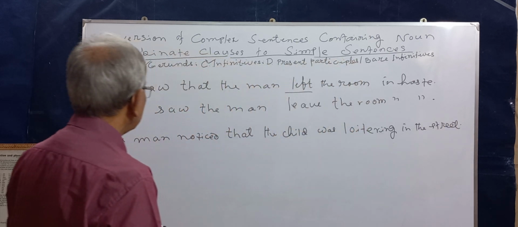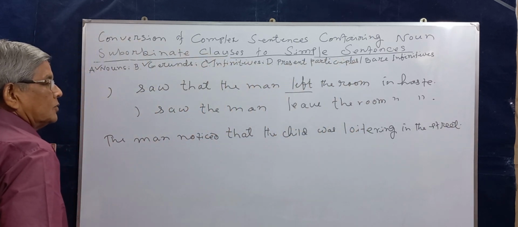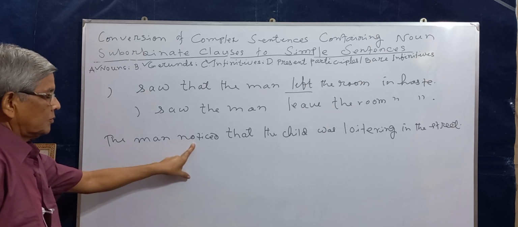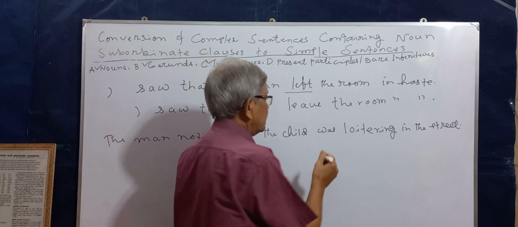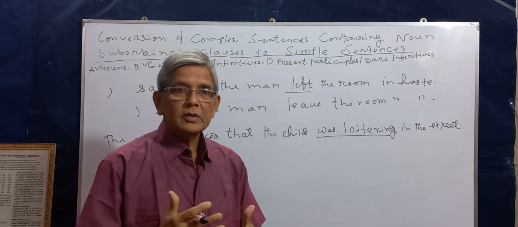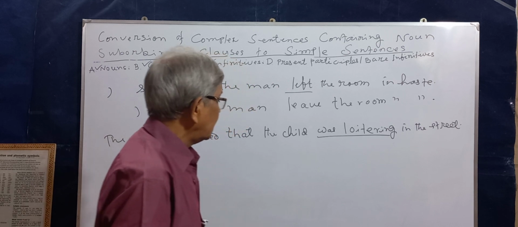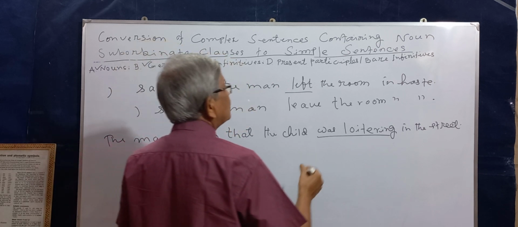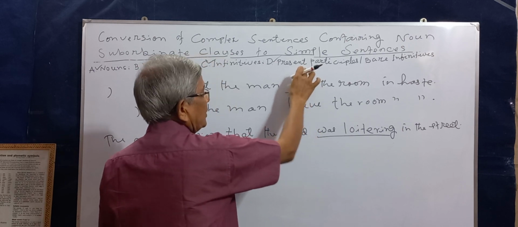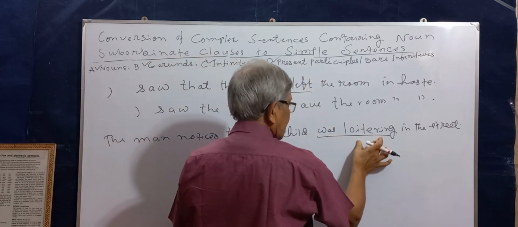The man noticed that the child was loitering on the street. Verb of perception, noticed; was loitering, active voice verb in the continuous tense. Here it is past continuous tense. Then we use the present participle. And here we have got it in the continuous tense.